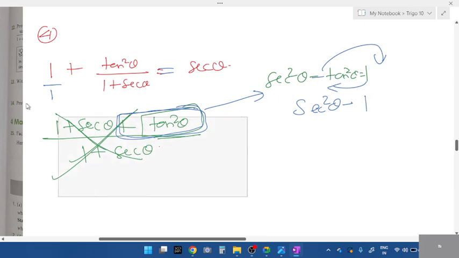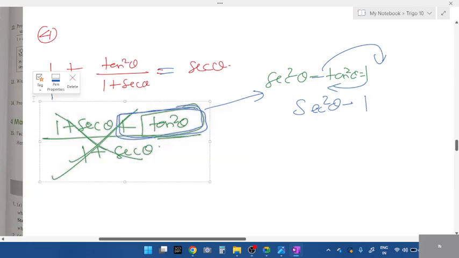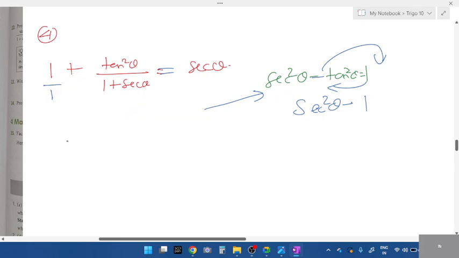Is this clear? All of you understood? So before taking LCM, remember keep 1 as it is, students. Tan square theta. What should I write in place of tan square theta? Sec square theta minus 1 divided by 1 plus sec theta. Now how do I convert this?